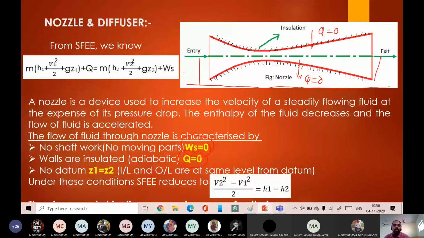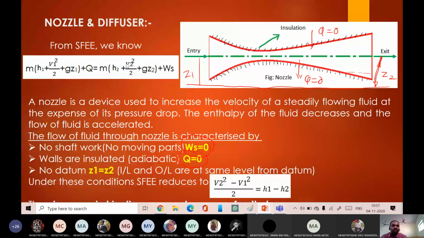So if you substitute these three conditions in this equation, Z1 equal to Z2, so these two terms become 0. And there are no moving parts, work done is 0. And it is well insulated, Q equal to 0. You are left with only H and V terms: H1 V1 on the left hand side, H2 V2 on the right hand side. Agree?